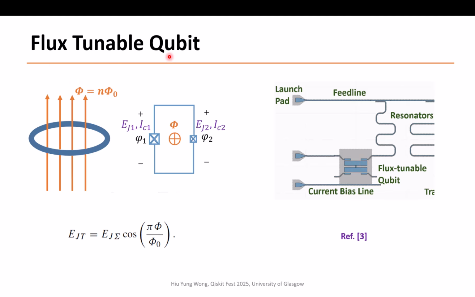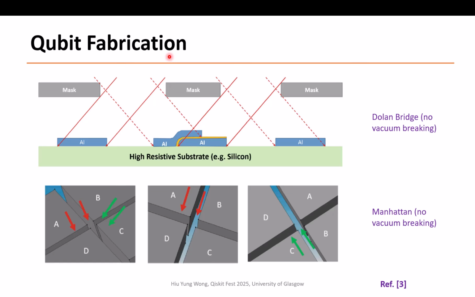To fabricate a Josephson junction, I will only go through briefly. You have two different methods. One is called the Dolan bridge, another is the Manhattan method. The important thing is that during the fabrication, you don't break the vacuum. You have the photoresist there so that, for example, in this method, you have a directional sputtering of aluminum, and then you form the first layer.